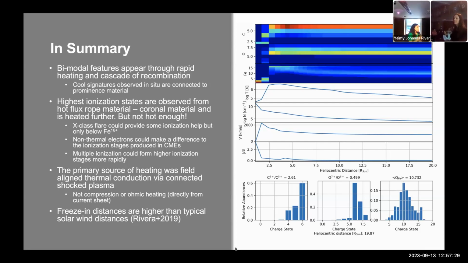All we know is that we really weren't able to get to the temperature associated with the ionization states, but it would be interesting to test something like that in the future because we have very detailed observations of the CME. So could be interesting.